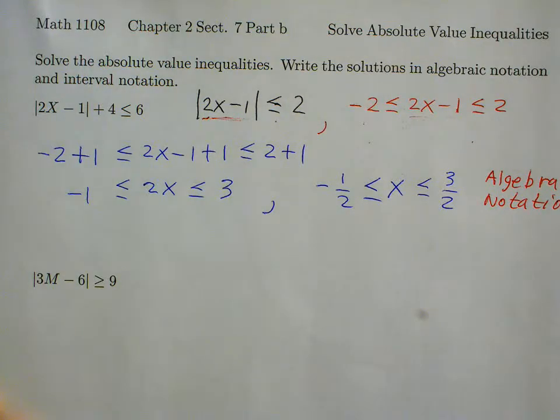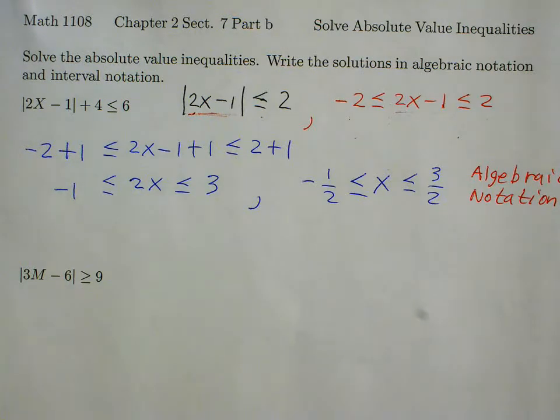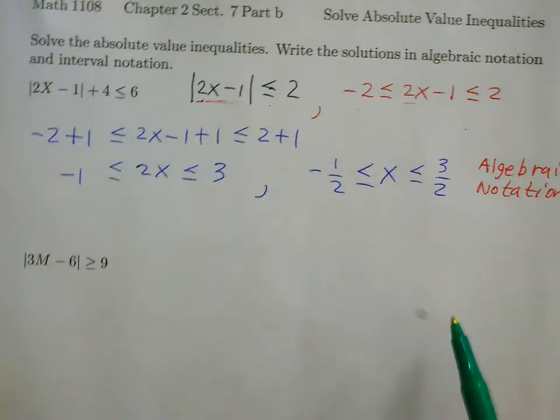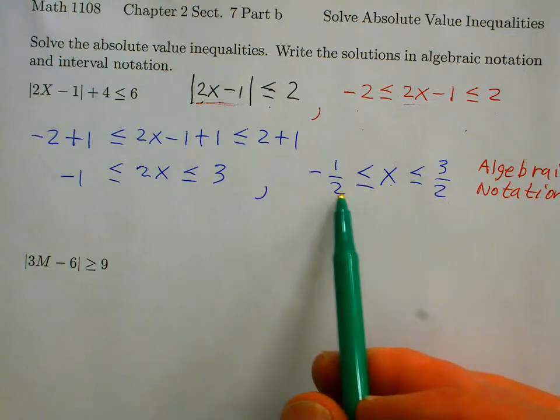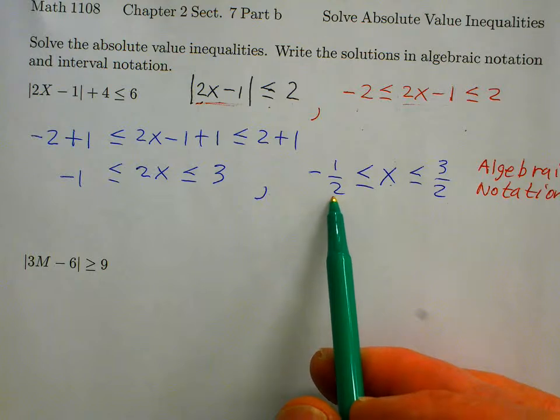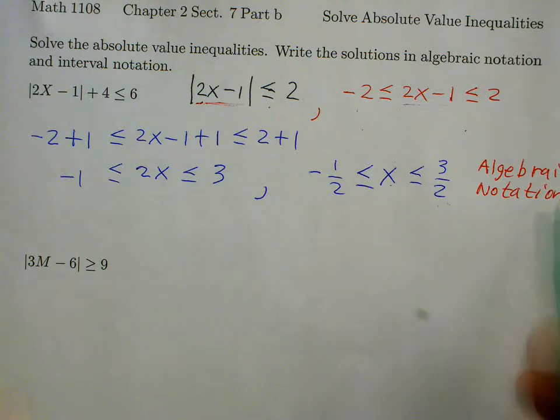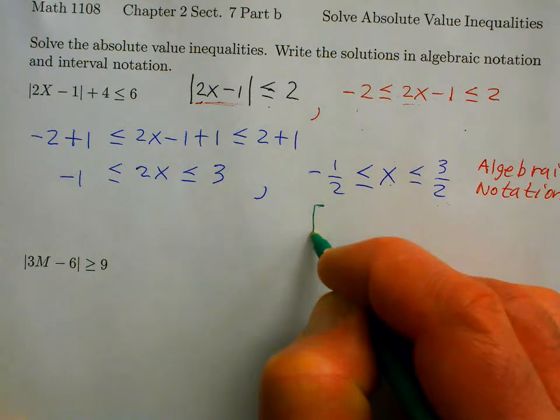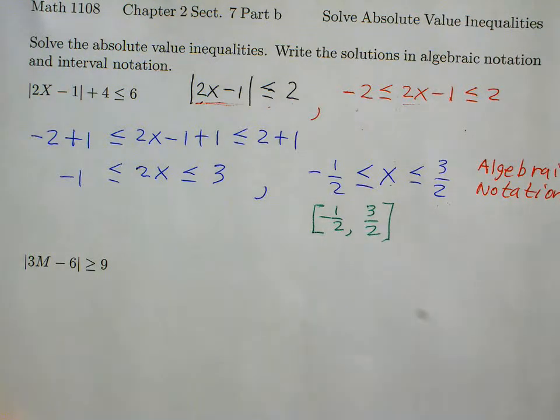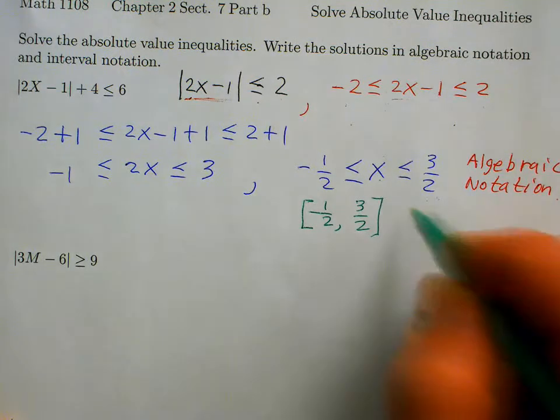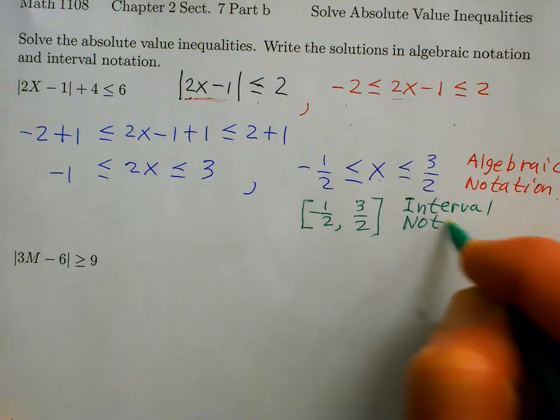And what's the interval notation? So x has to be between negative 1/2 and 3/2, and it could also be one or the other of the endpoints. So the interval notation is bracket negative 1/2 comma 3/2 bracket. This is the interval notation for the same set of numbers.